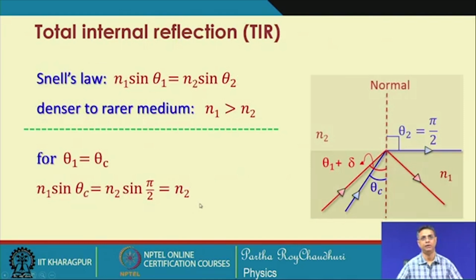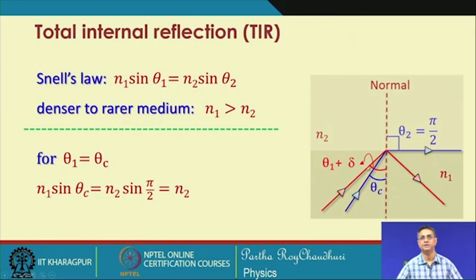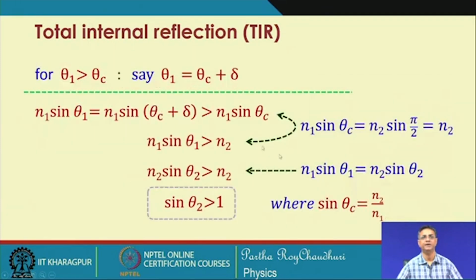So, this is for exactly when it is theta c, the angle of incidence, you have n 2, but if I increase the value of theta c by a small amount delta, then what happens? I am increasing the left hand side quantity, that is theta 1 is now greater than theta c. So, n 1 sin theta 1 is now more than n 1 sin theta c.